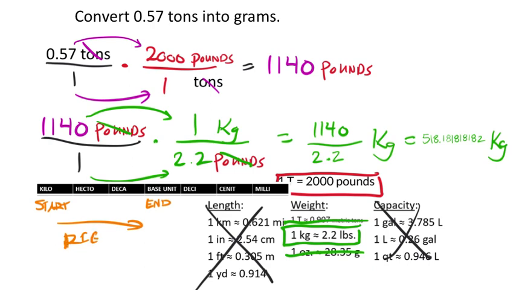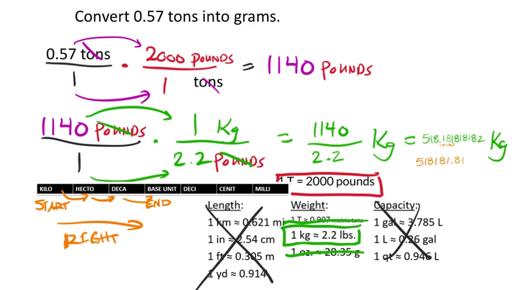It's an R. To the right, 1, 2, 3 decimal places. So let's go back into that kilograms and move that decimal 1, 2, 3 places. Okay, so that is going to change that to 518,181. Then we've got the decimal.